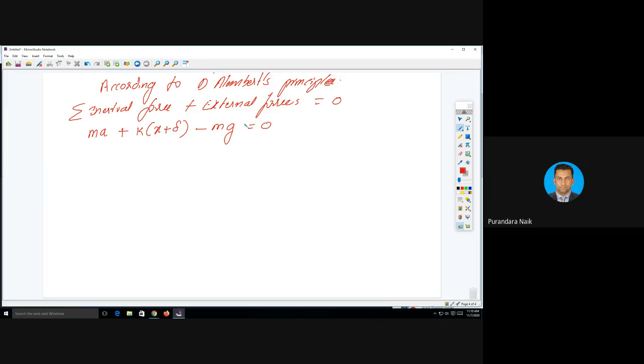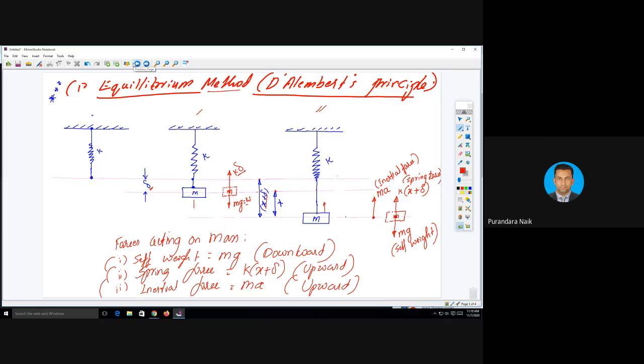You simplify this equation: m into a plus kx plus k delta minus mg is equal to 0.